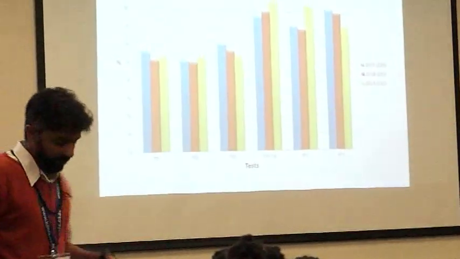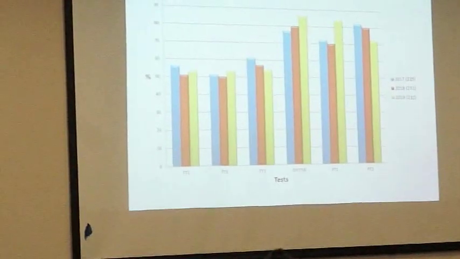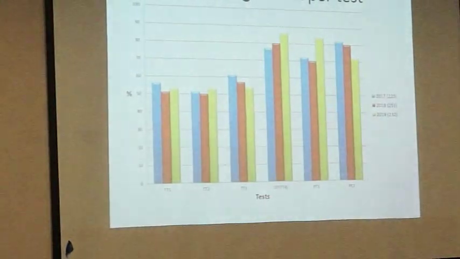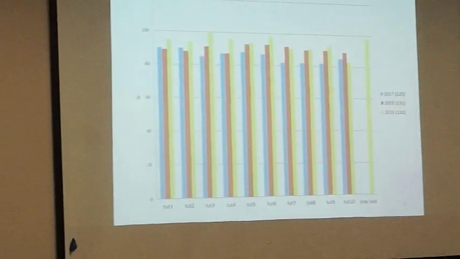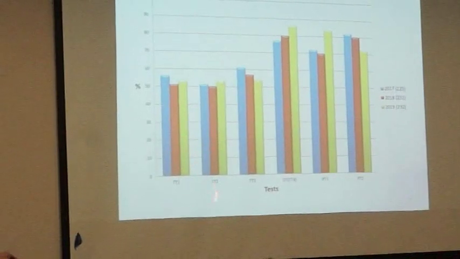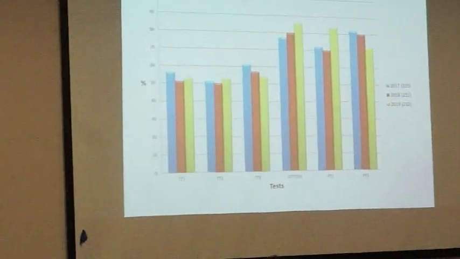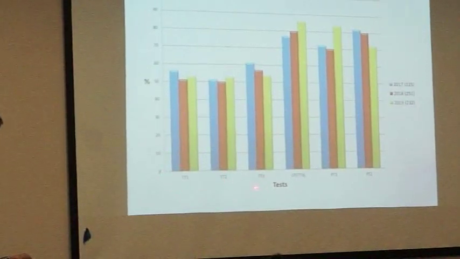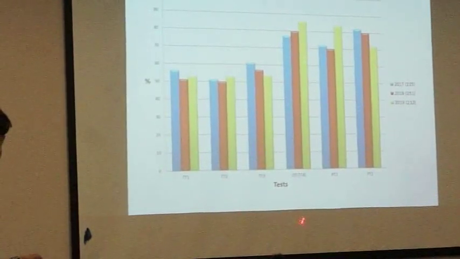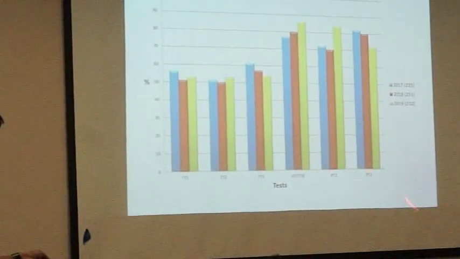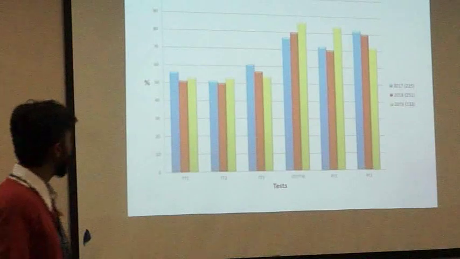Now here, these are just some examples. This is just the data of what we've pulled out from the average mark per test. The blue is 2017, the red 2018, and the green 2019, going from theory test 1, theory test 2, theory test 3, theory test 4, which is now the online test, the prac test, and the last practical test, which is the written test.